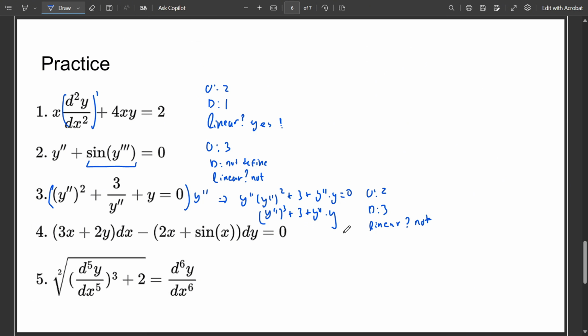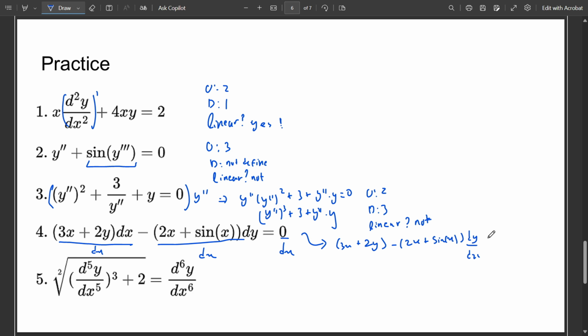And let's move on to number 4. In this number 4, we can divide by x, and we have 3x plus 2y minus 2x plus sine of x dy by dx.